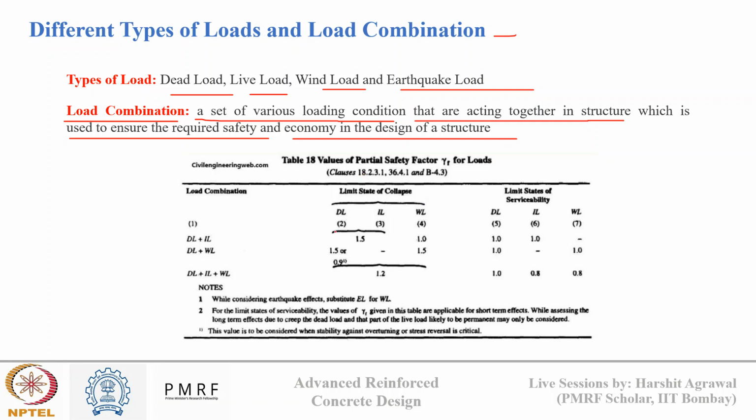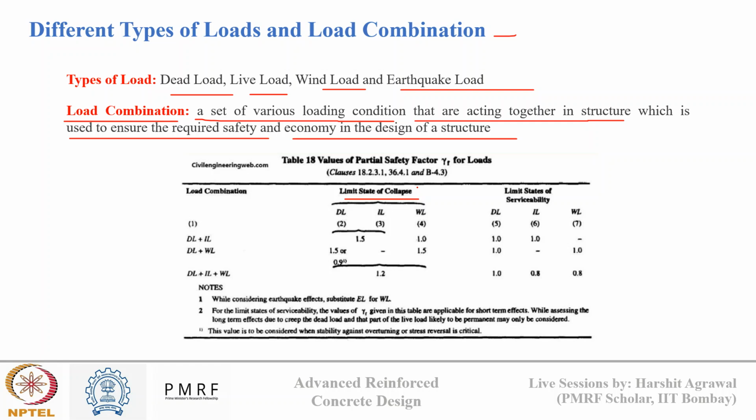So you see this table. This table is taken from IS 456, and it shows the value of different loading factors for different types of load. Okay, so we have dead load, imposed load, that is live load, and wind load. And there are two types of design check that we do. For limit state of collapse, where we are using the ultimate loading condition, we are concerned with ensuring that the structure doesn't fail.